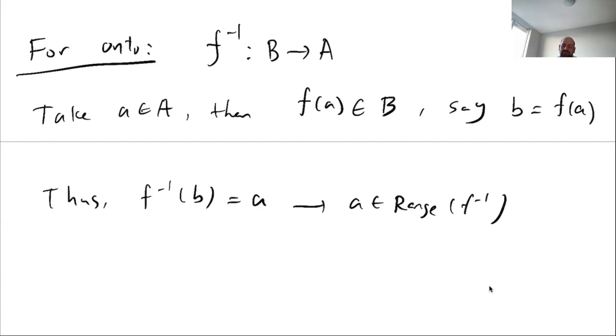If f inverse of b is equal to a, means a is in the range of f inverse, right? That's the meaning of range of a function. And that means f inverse is onto, because we showed that every element in the codomain belongs to the range of the function, therefore the function is onto. That's it.